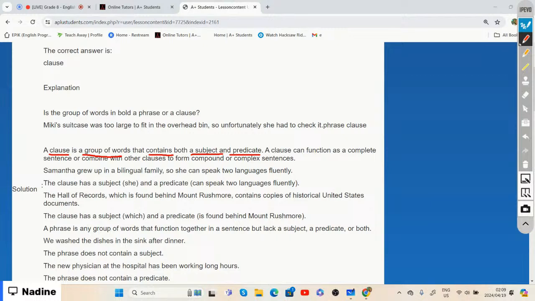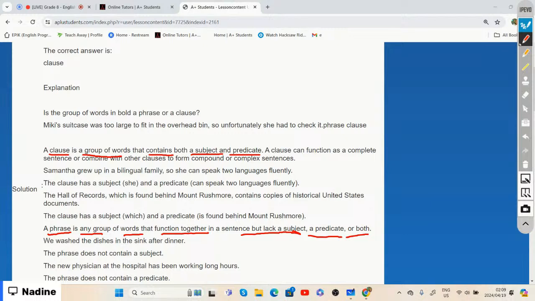So once again, a clause is a group of words that contains a subject and a predicate. But now a phrase. A phrase is a group of words that functions together within a sentence, but it lacks a subject, a predicate, or both.